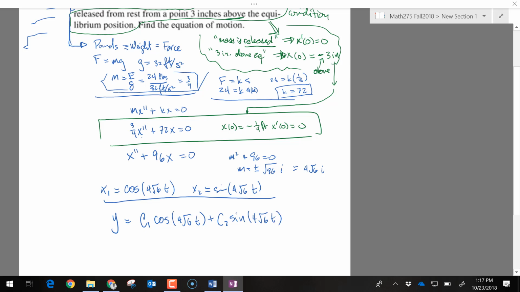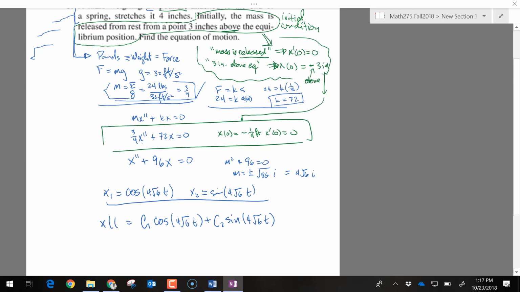Oh, x is equal to. I've gotten so used to putting y's. Or maybe we should do one better and just call it x of t, a function of t.